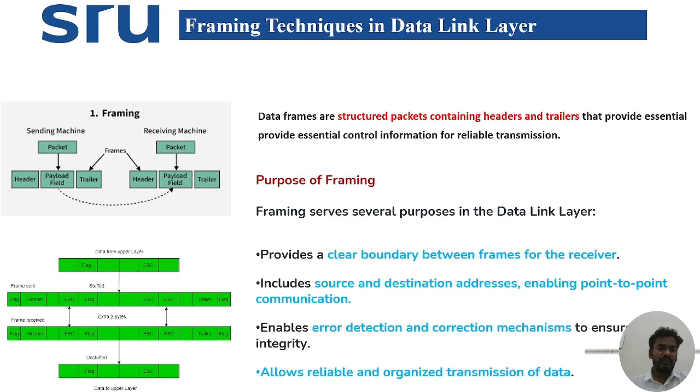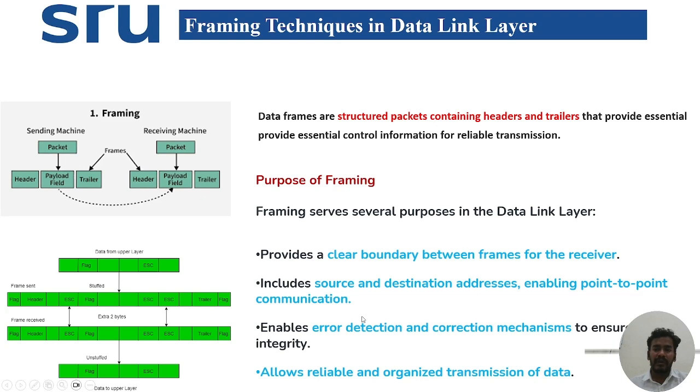So what is the purpose of framing first? Framing serves several purposes in the data link layer. It provides a clear boundary between frames for the receiver, and it includes the source and destination addresses as well.